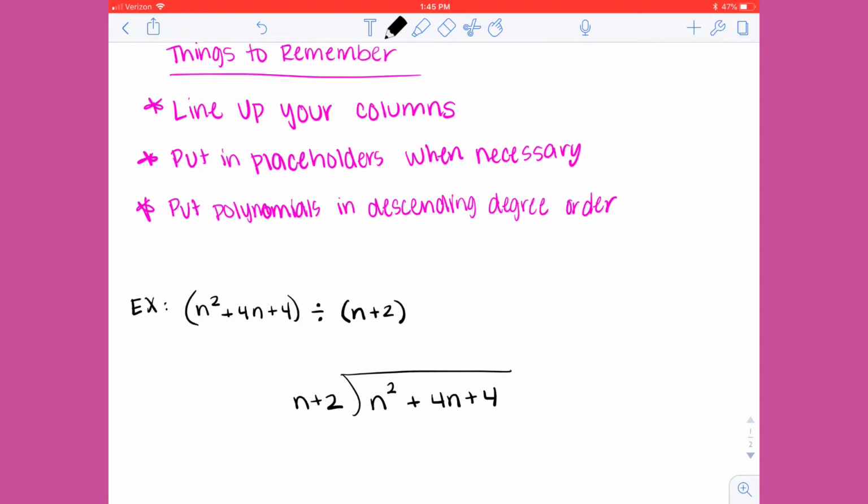I'll do that as I go. Do I need to put any placeholders? No, because this is perfect descending degree order. I'm going from n squared to n to a number. So I'm focused on that inside polynomial, and since it's in perfect descending degree order, I'm good and I don't need any placeholders.